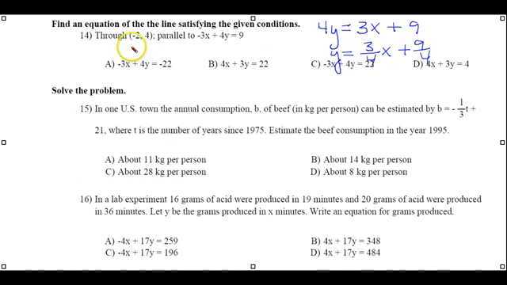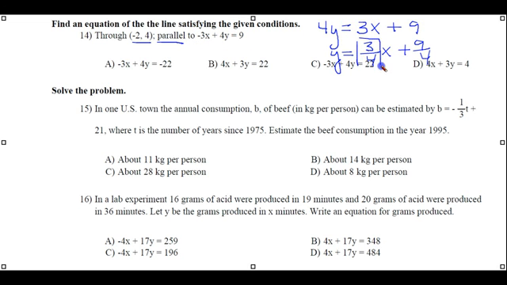Now in number 14, they're asking you to find an equation of a line that's going to be parallel to this equation, but goes through this particular point. So what you have to do from this equation that's in standard form is find the slope. So we transpose the -3x to the other side, divide by 4.